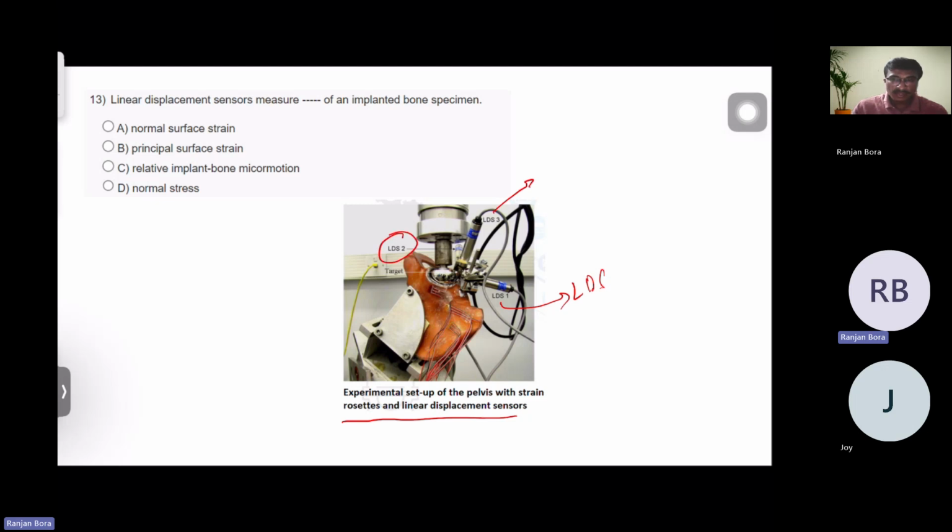By putting these linear displacement sensors, we measure the relative implant bone micromotion, like relative displacement between the bone and the implant. So option C is correct.